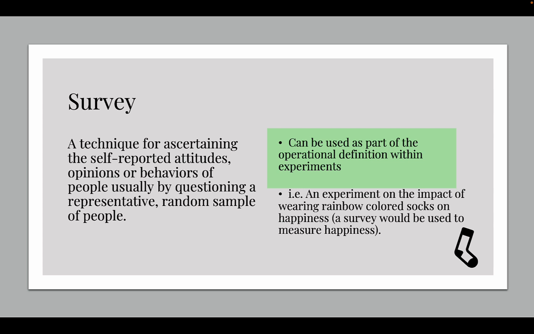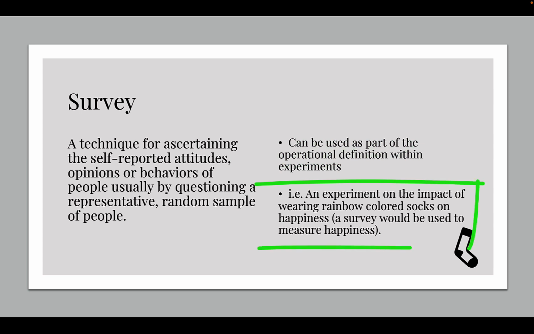So if I'm doing, let's say, an experiment on how the color of socks impacts happiness, and I'm measuring how happy a person gets when they wear a particular color of socks. Well, guess what? Happiness is an attitude, right?